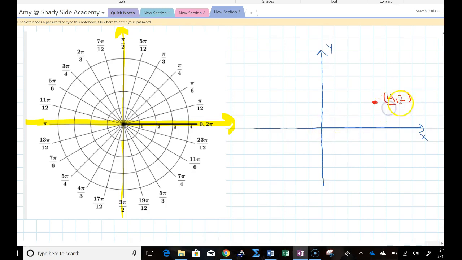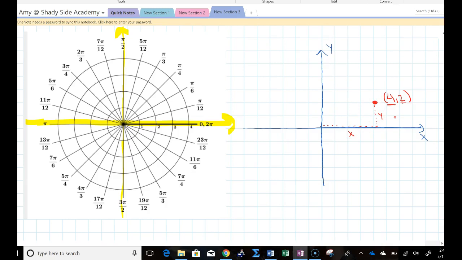X is the horizontal, y is the vertical. It's like boop, boop, right? -1, 5, -7, -1. You can follow my pointer here. 3, -3. The point is, when we graph a point on the two-dimensional space defined by the coordinate system, we know that x and y are defined as such.